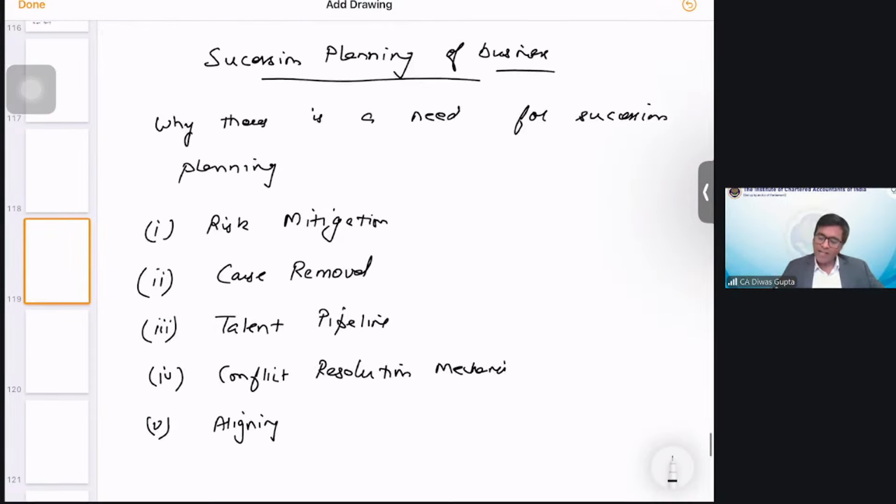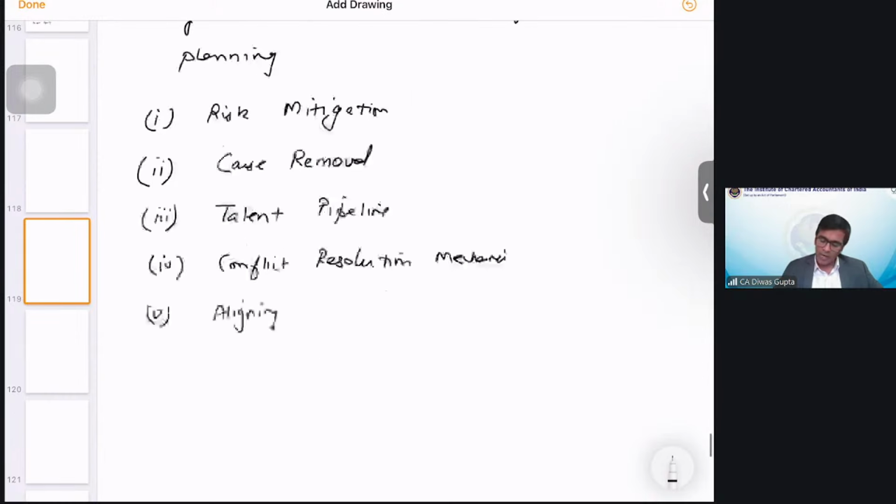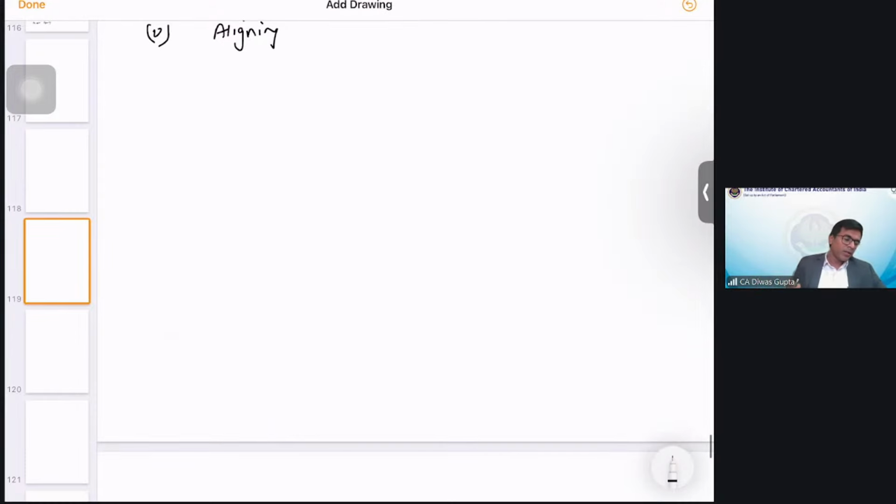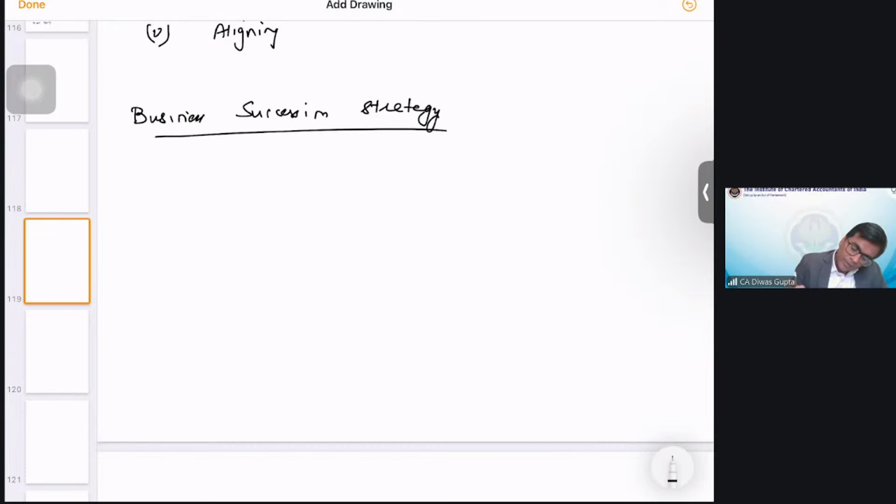Okay, so this is why succession planning should be performed for all the businesses in India, right? And in this, we should first of all identify the top key leadership positions. So this we call the business succession strategy.